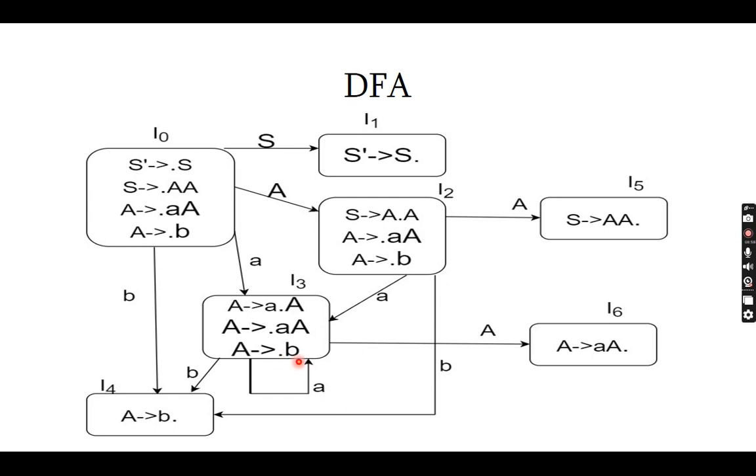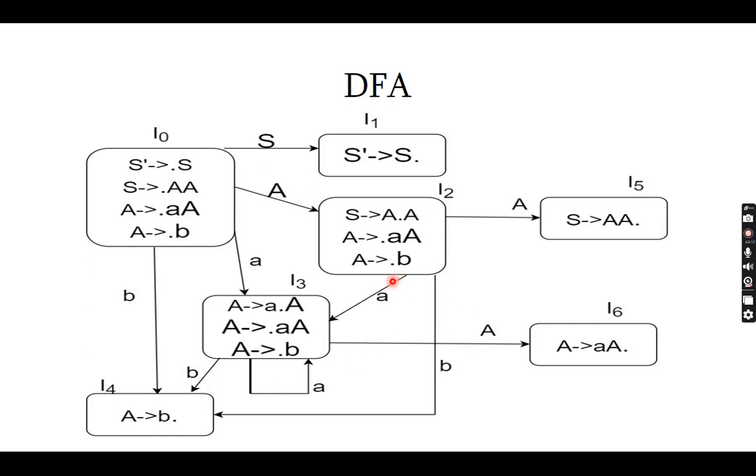Next to this dot there is a terminal, no need to do anything. Now we have to move this dot to the next position. So on B I am going to I4. I have moved this dot to the next position. Now A derives B dot. So it is a final item because the dot is at the end of the production rule.